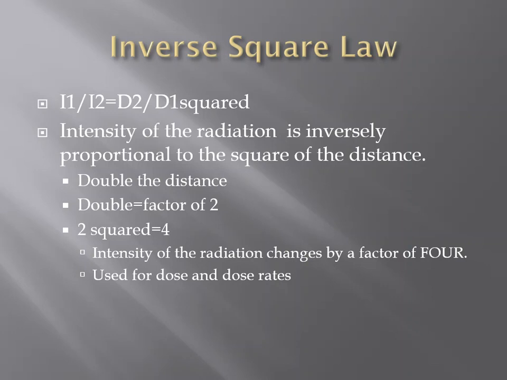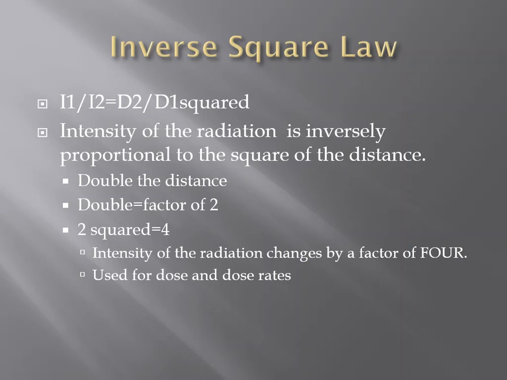Most of the time that we give you an inverse square law problem, what we're asking for is the exposure to the image receptor. How much of a change does a change in distance give you to the image receptor exposure, or dose to the patient? Most of the time it's going to be dose rate.